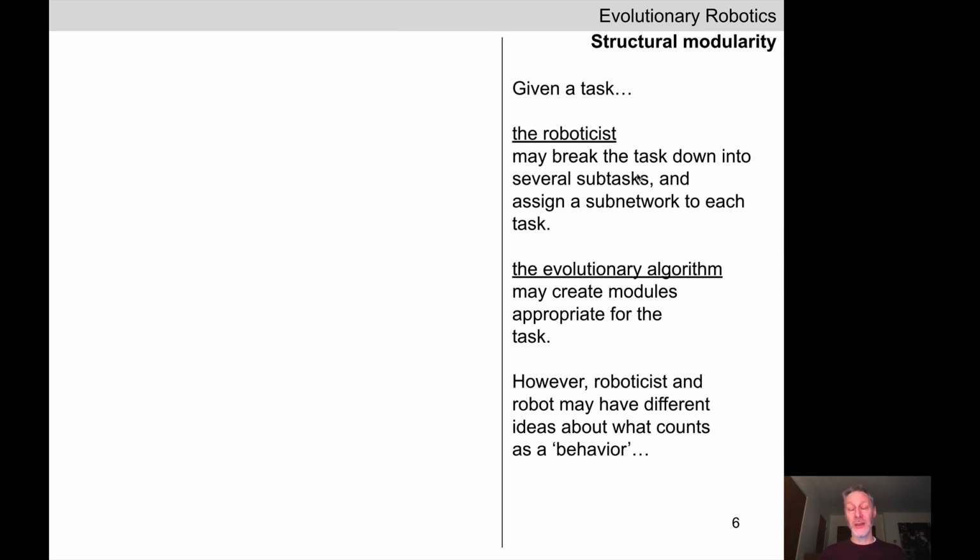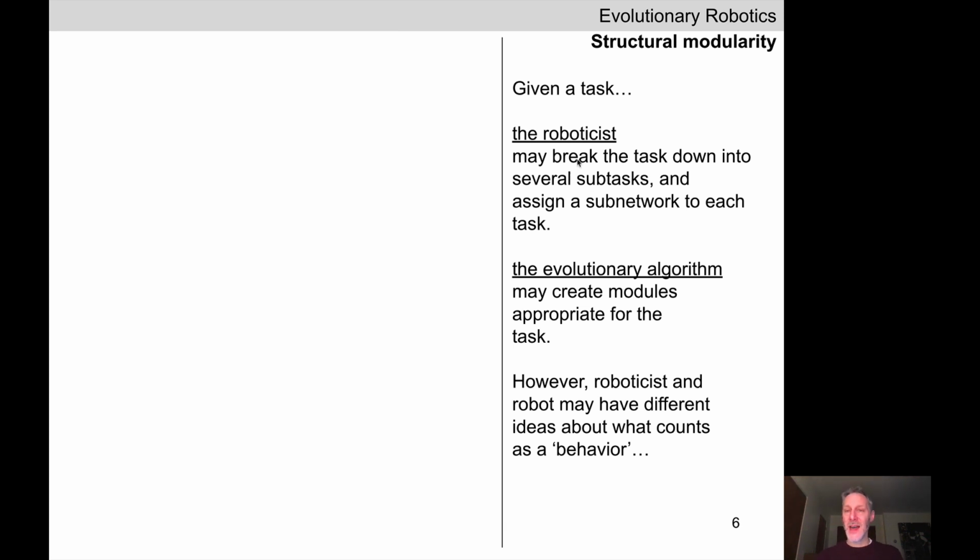The robot or the evolutionary algorithm is often not able to evolve that competency for the robot because its neural network controller is non-modular. Every neuron's wired up to everything else, and the robot has a very hard time breaking tasks down into subtasks. So we could ask the roboticist before evolving the robot to actually do this, try and break the task down into several subtasks.